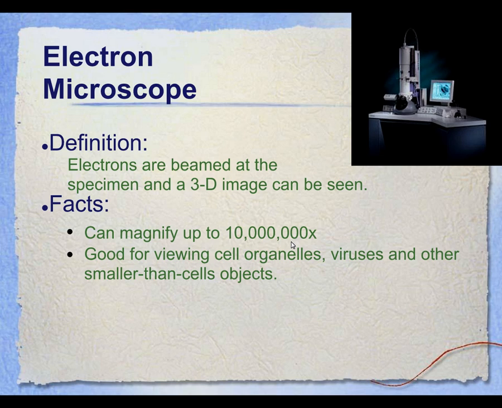So the transmission electron microscope is what you would use to see organelles inside of a cell, while the scanning electron microscope will scan the outside surface of something so that you could tell in great detail what the outside looked like. These are great for viewing things that are smaller than cells.